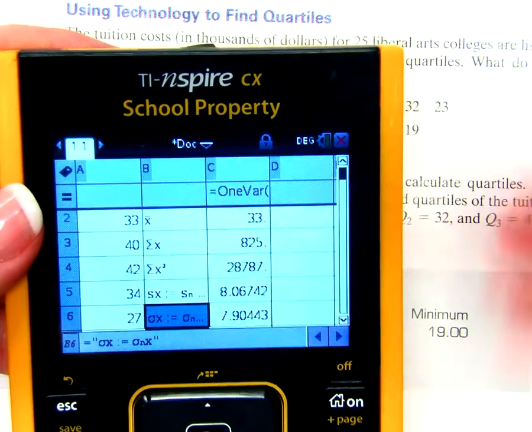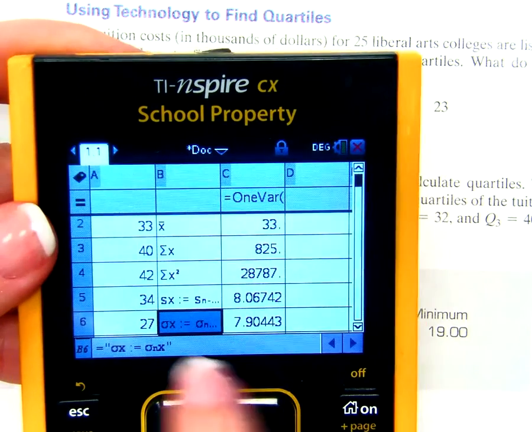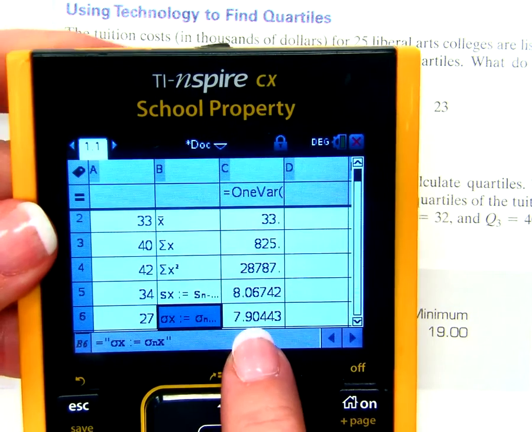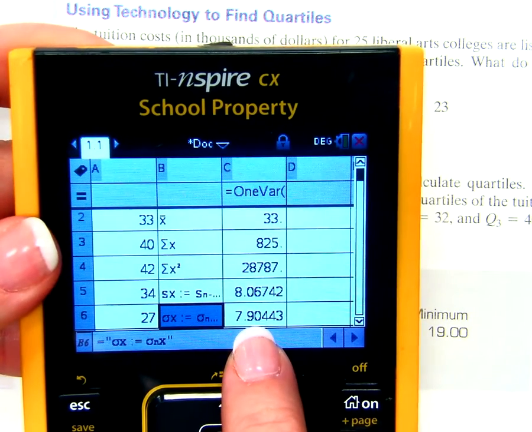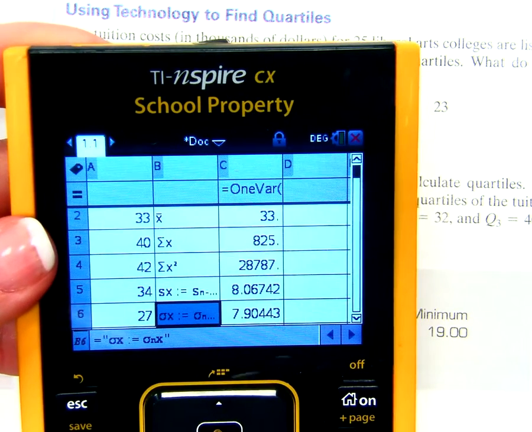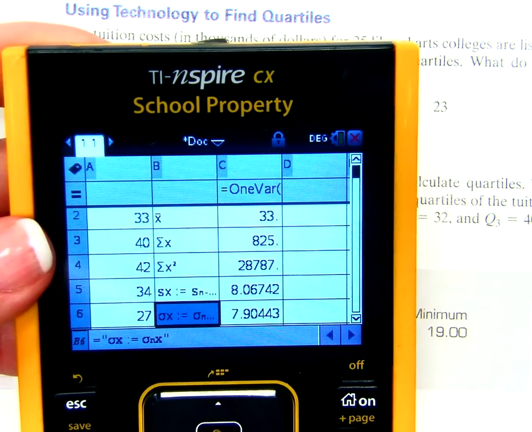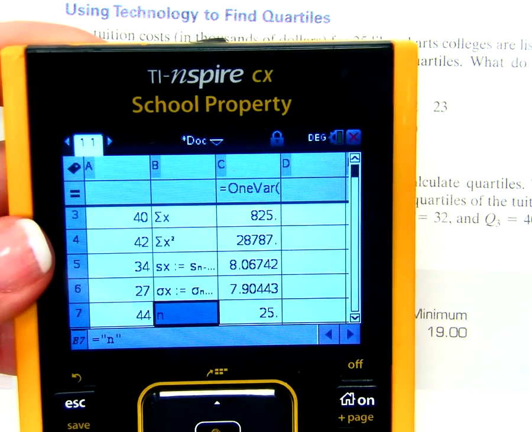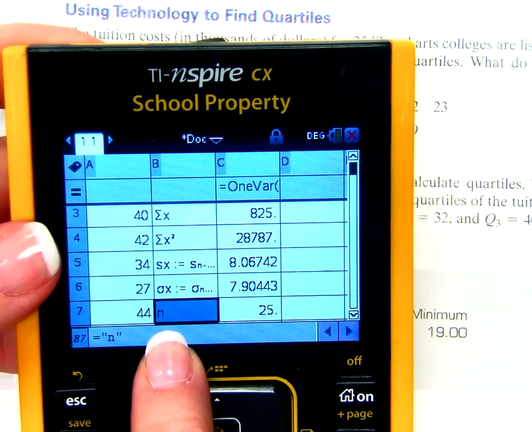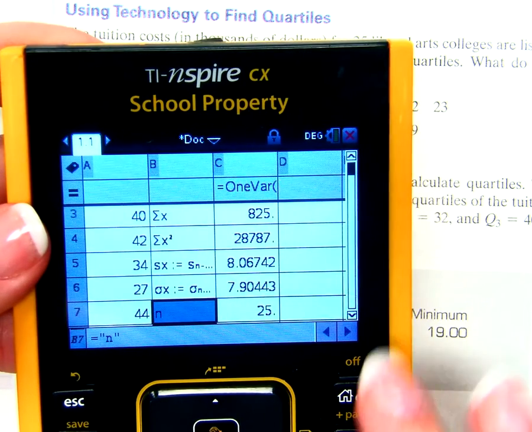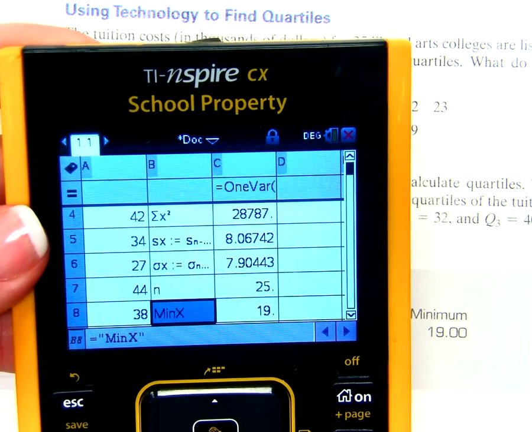But I do know that in figuring this out by hand, this is the standard deviation that we want to use. I promise I am still looking into that. I'm not going to let it go until I figure it out so I can tell you guys. So that's what that is. Then we have n. What's n again? Number of entries, right? Then we have min x.